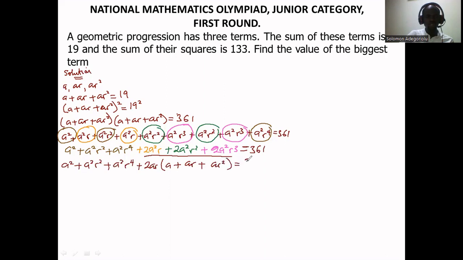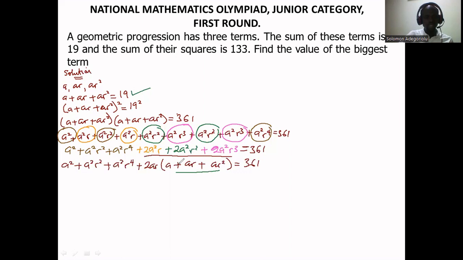Close the bracket is equal to 361. And when you take a look at what we have here, this is the same thing as this. That means it is equal to 19. A plus AR plus AR squared is equal to 19.